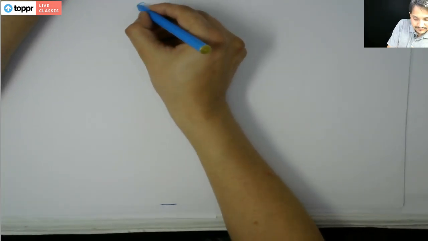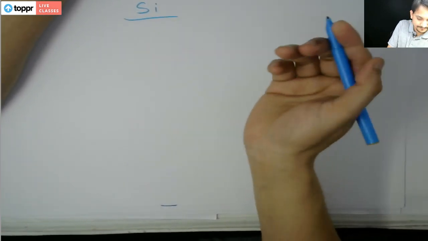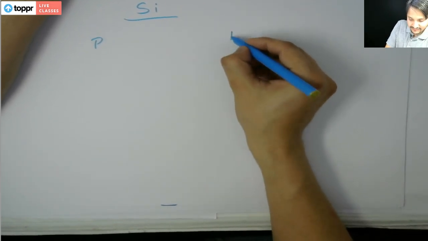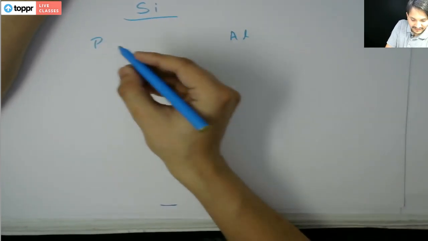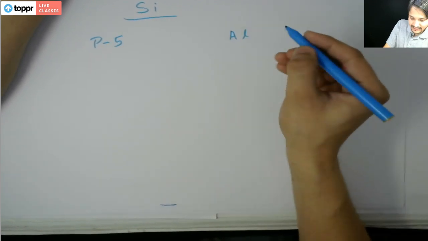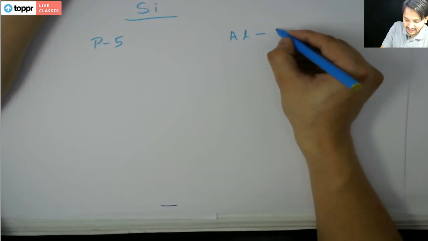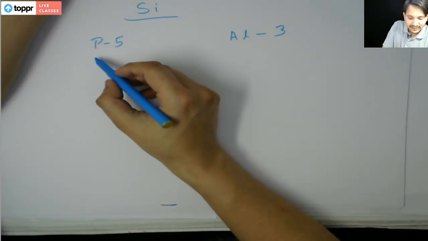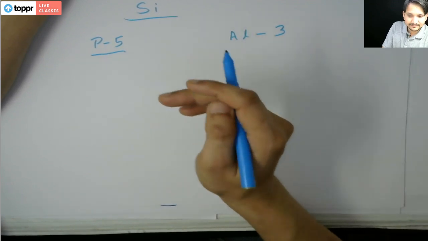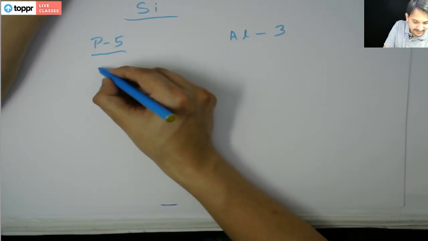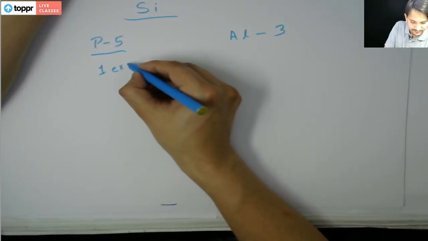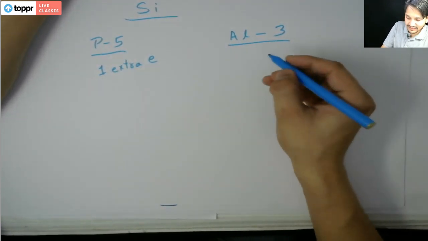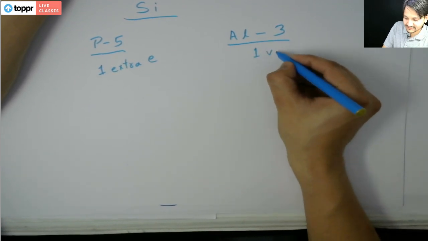So in silicon we saw 2 types of doping. One is phosphorus type doping and one is aluminium type doping. Phosphorus has 5 outermost electrons, aluminium has 3. Phosphorus gave rise to 1 extra electron, and aluminium gave rise to 1 vacancy.